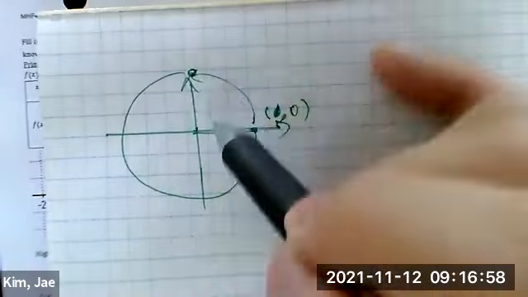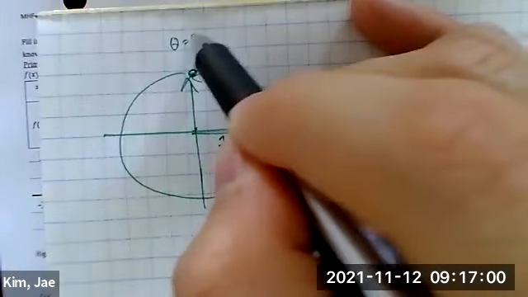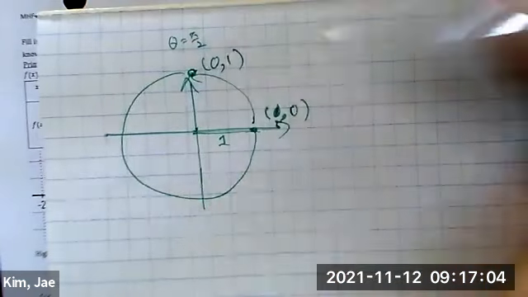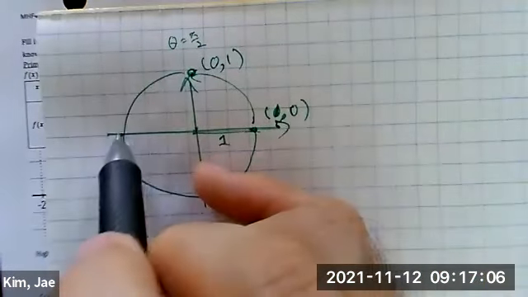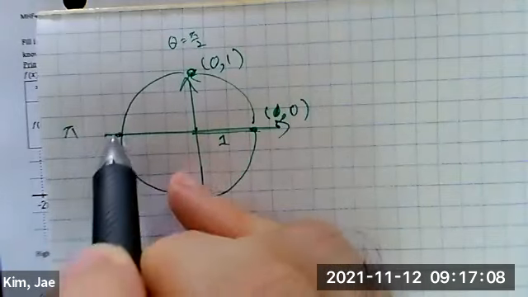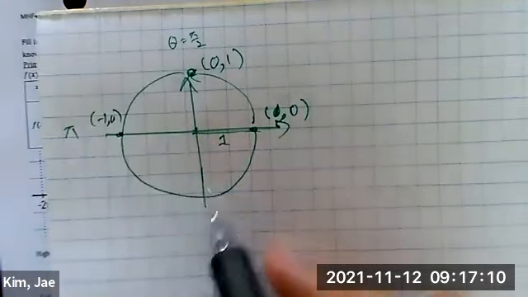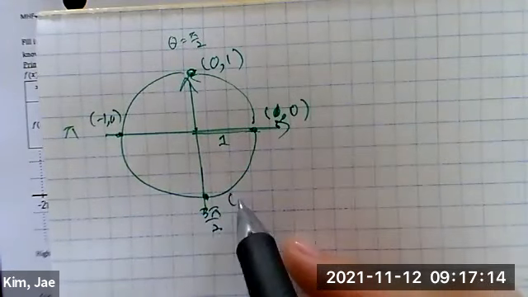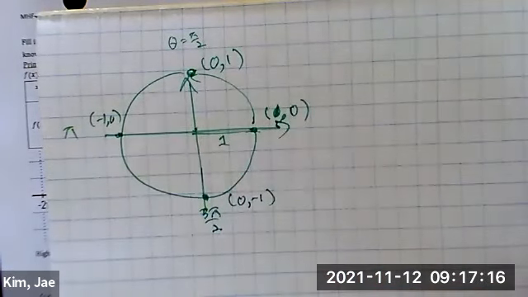Up here at pi over 2, my angle is pi over 2. My point would be 0, 1. And at an angle of pi, my point would be -1, 0. And at 3 pi over 2, my point would be 0, -1.